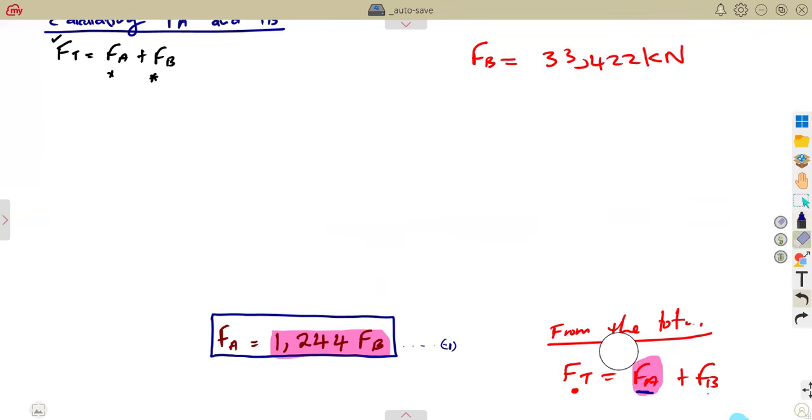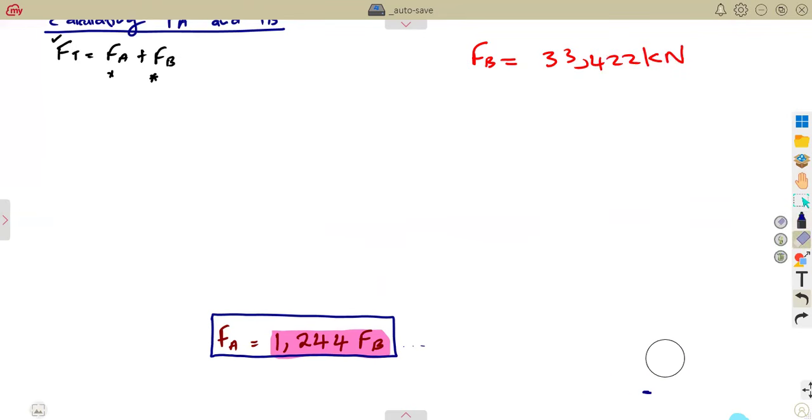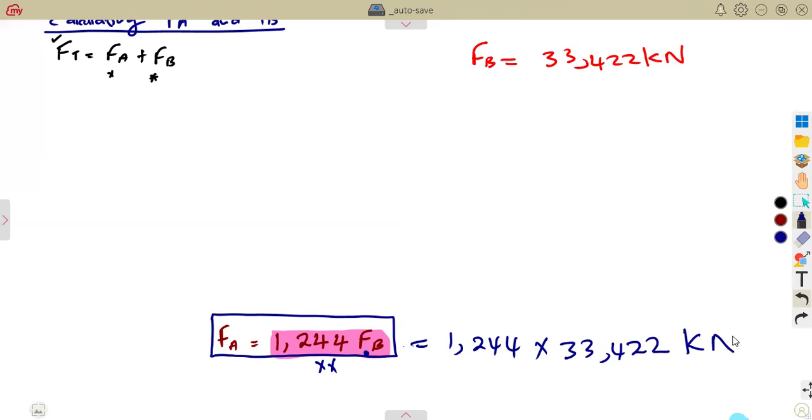So what are we going to do to find the force at A? We can now use that relationship that we had here, that FA is equal to 1,244 of FB. So it's 1,244 times FB. Which one? The one that you calculated, which is 33,422. It is in kilonewton, guys.